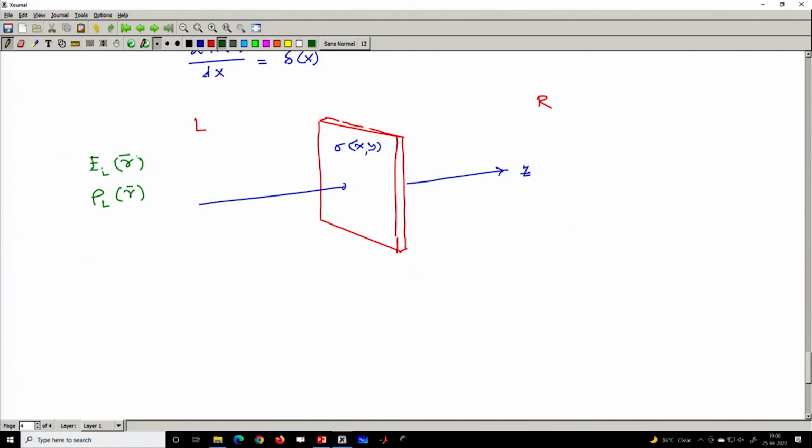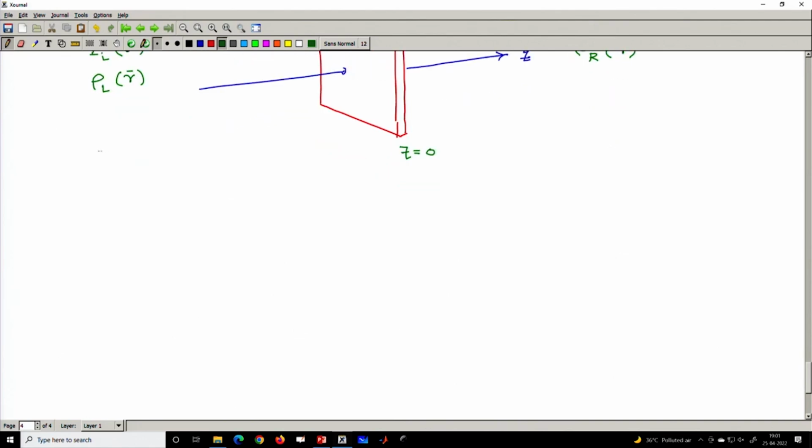This is the z equal to 0 point. In the right hand side, similarly, I have E R as a function of r and rho R as a function of r. These are the electric field and the charge density.